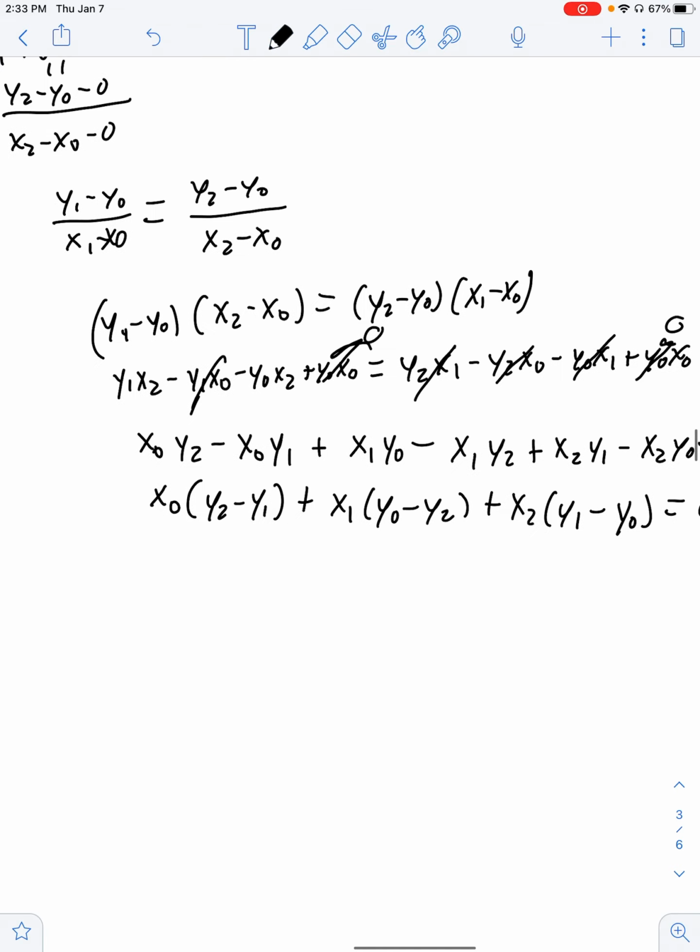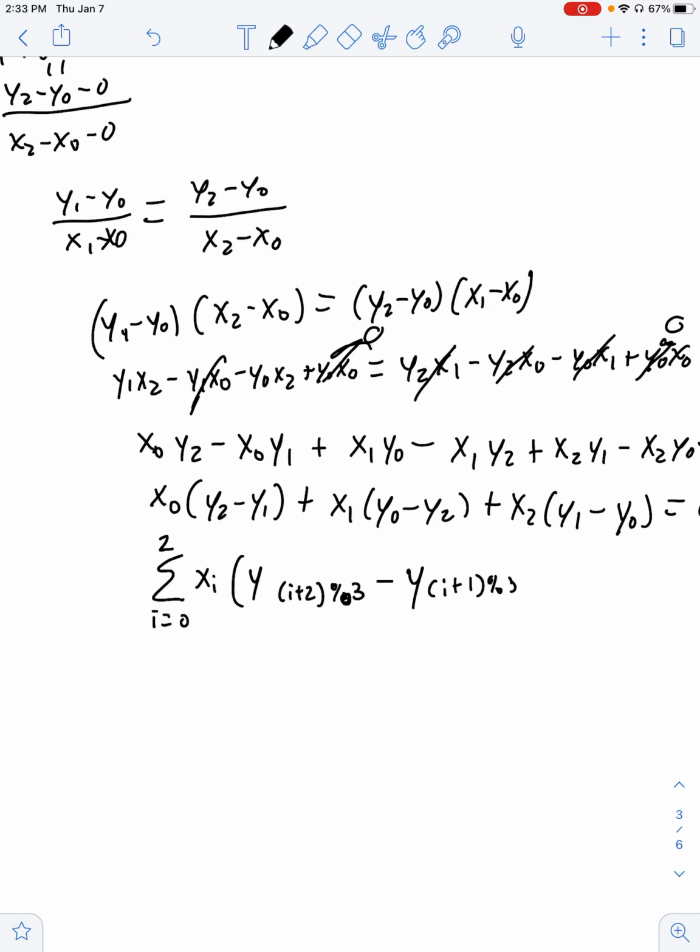One last thing I'm going to do to simplify this problem is treat it as a summation from i equals 0 to 2, including 2, of x to the i times y of i plus 2, that is mod 3, minus y of i plus 1 mod 3.